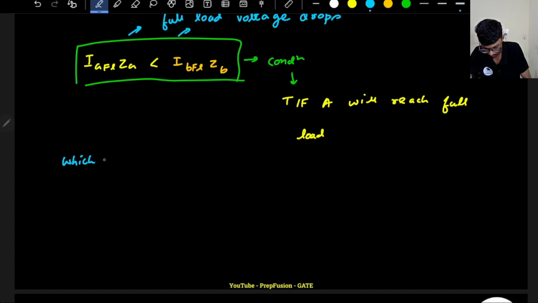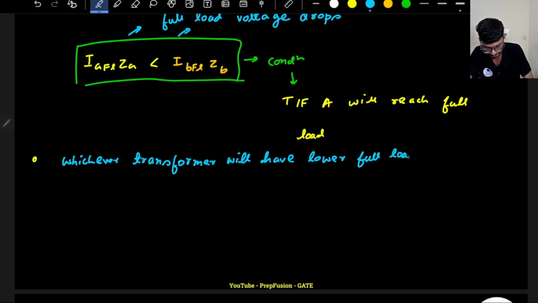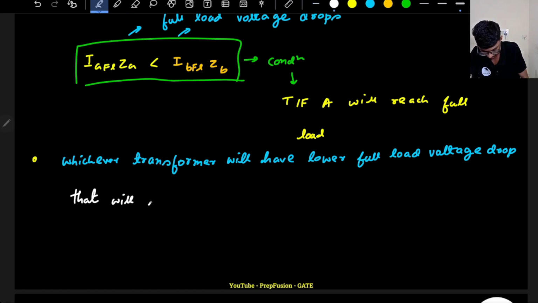Whichever transformer will have the lower full load voltage drop will reach rated condition first.